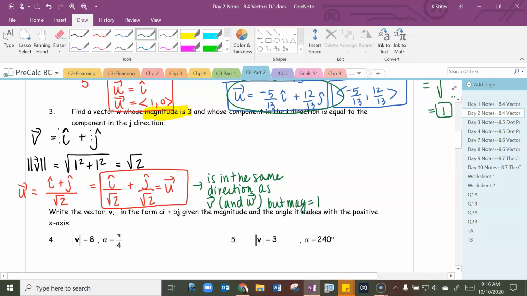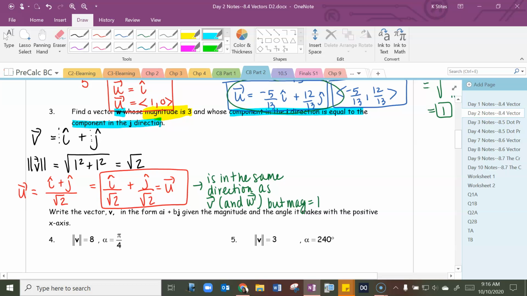All right, so again, let's review this because this is a lot. We are ultimately looking for vector W. Vector W has a magnitude of 3, which we haven't accomplished yet, but its I and J components are equal.